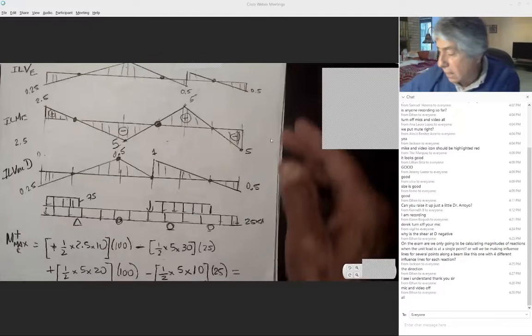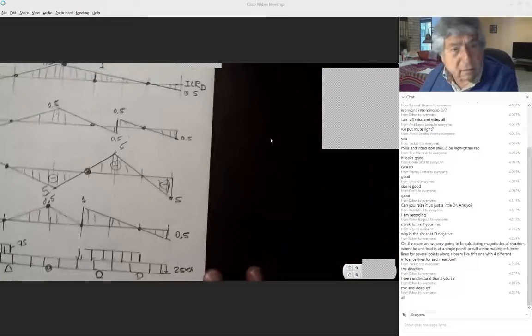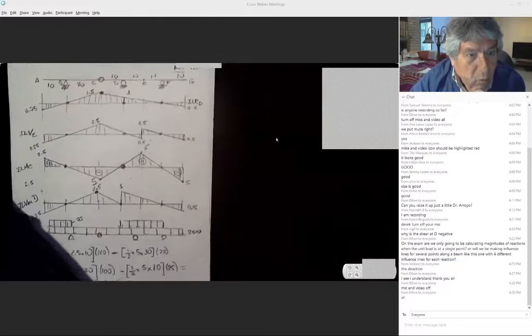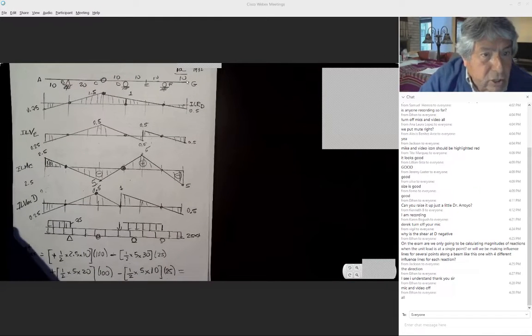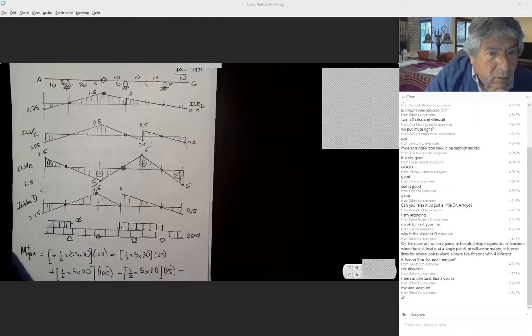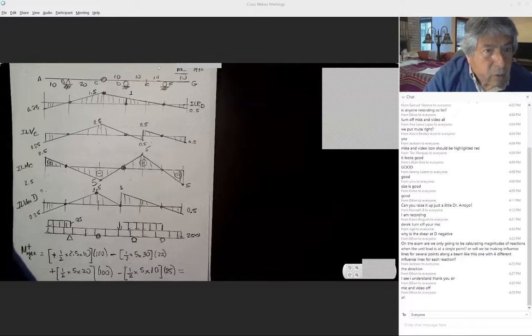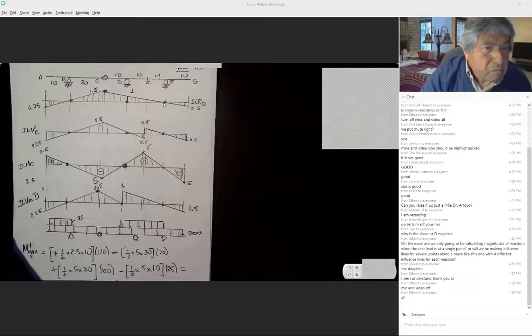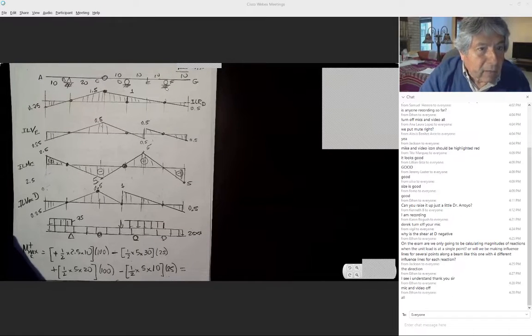So I'm going to go ahead and look at the last case. The last case is going to be when the unit load is at G. I'm going to find all of these values when the unit load is at G. Because when the unit load is at F, you can see that this is 0 because the reaction is 1. At F, everything else is 0.